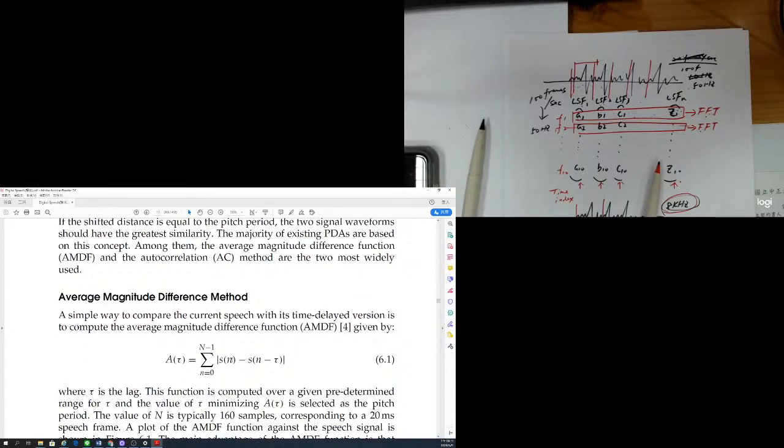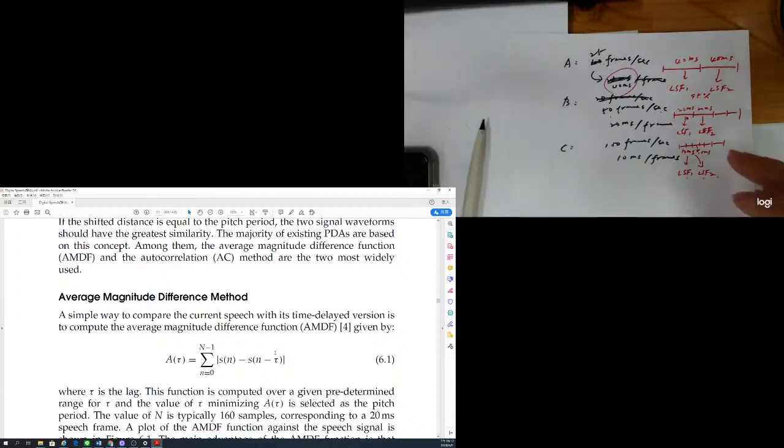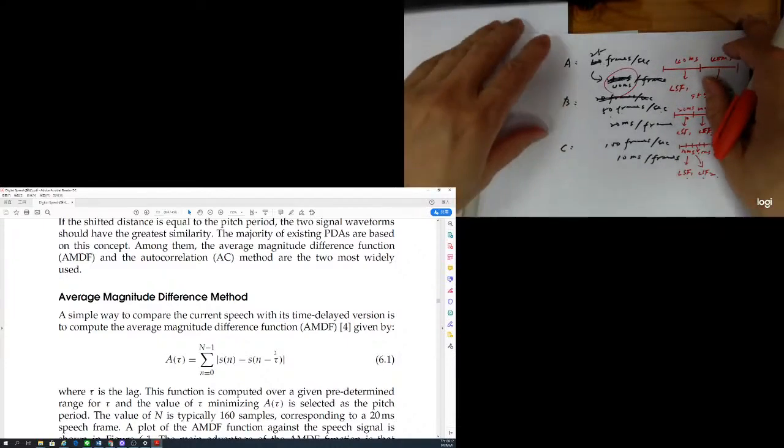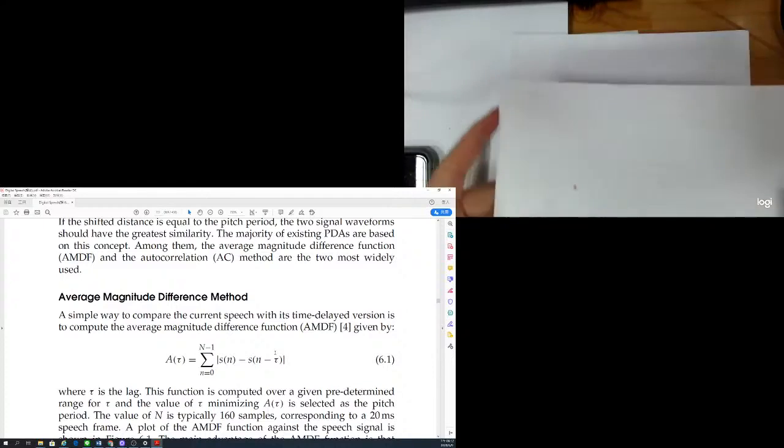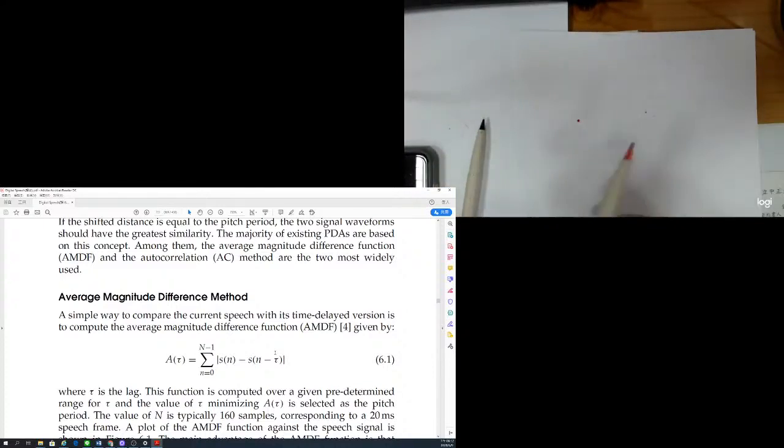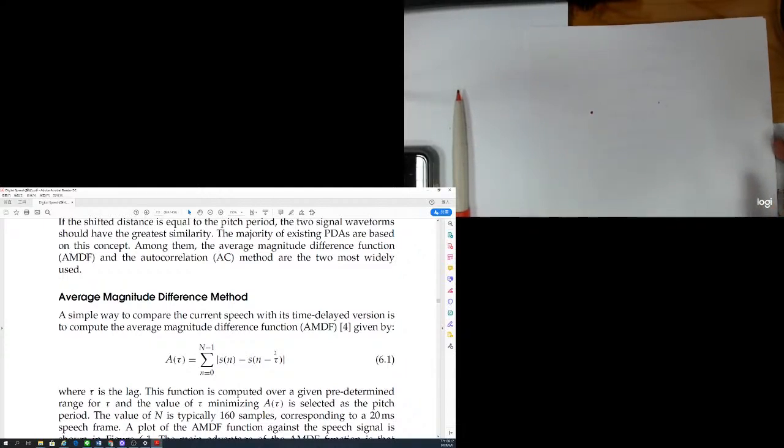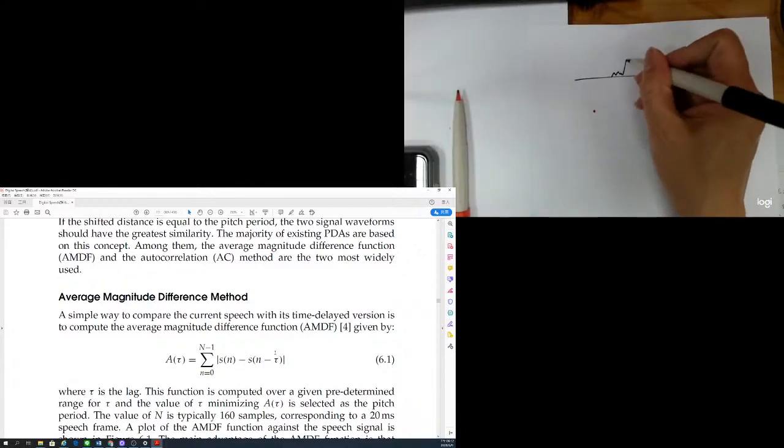In the past we talked about how to find the pitch based on autocorrelation. Right now we look at different approaches to find the pitch. The first one is very simple.